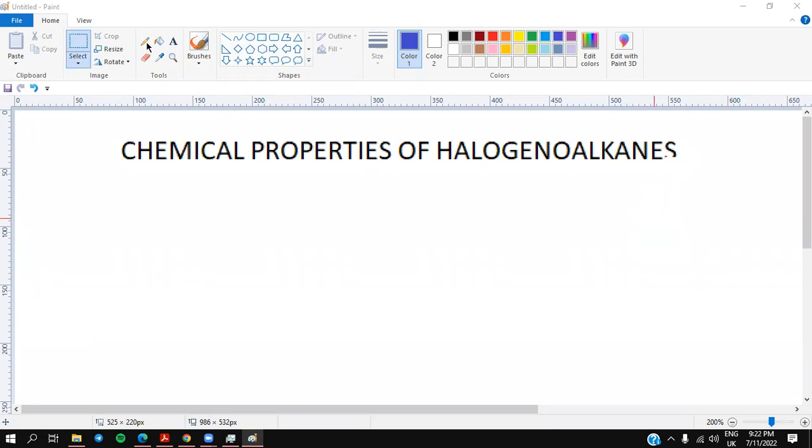In order to show that the reaction between CH3Cl and OH minus is a nucleophilic substitution reaction, but of the type SN2, we will see how the reaction occurs. Product is CH3OH plus Cl minus.